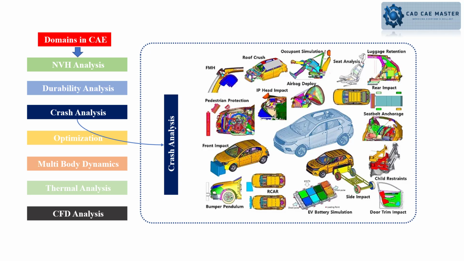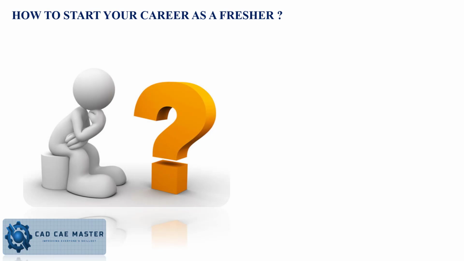Well, so now we know about the basics of a few domains. Now the question is how to start as a fresher. So these are the domains where you can't start your career as a fresher, that is for sure. You should know the basic tools like the explicit solvers or OptiStruct, the modeling tools like ANSYS, HyperWorks, Altair HyperWorks.